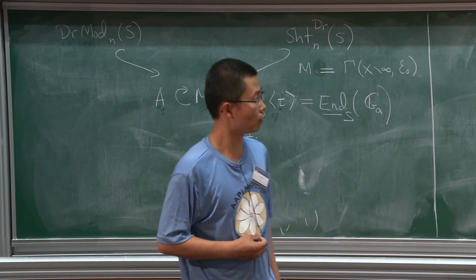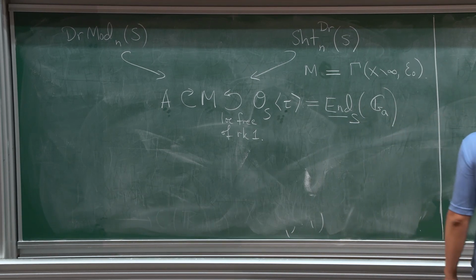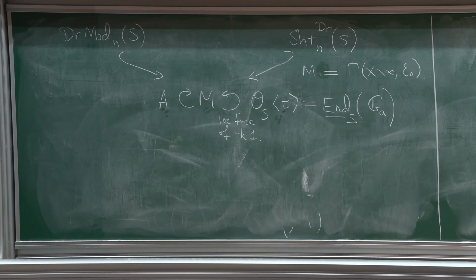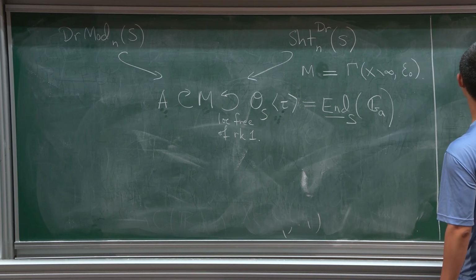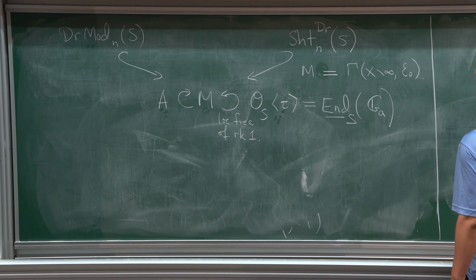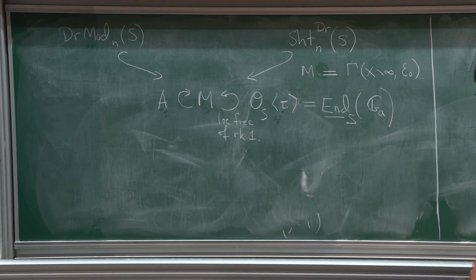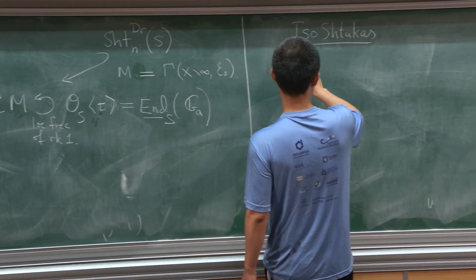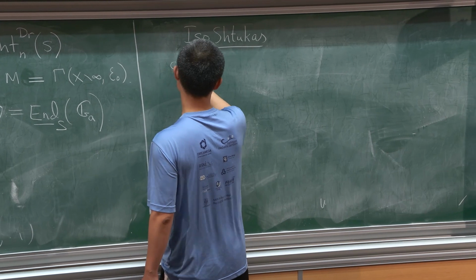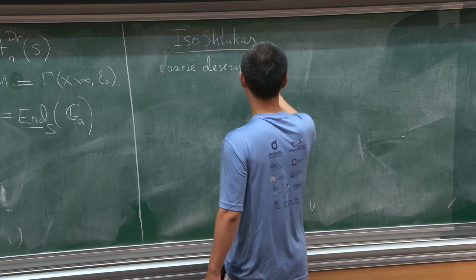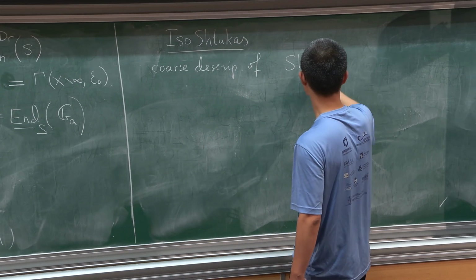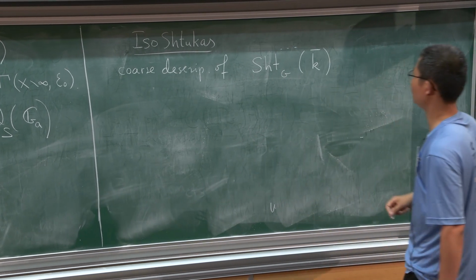Okay, so let me also, just to get some more concrete ideas about what Shtukas are, let's try to, well, I'll talk about iso-Shtukas. So this is not geometry, it's just a coarse description of k-bar points of Shtukas.